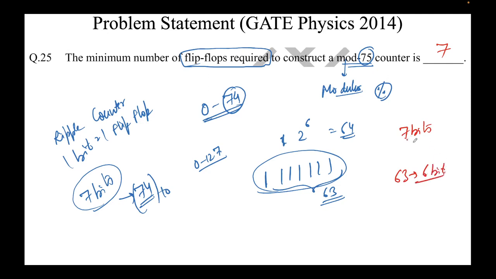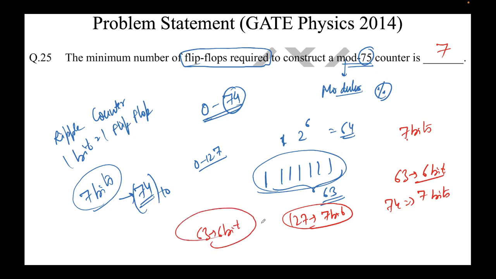For 74 we will require 7 bits, and 127 is the maximum 7-bit number, and 74 lies somewhere in between, right? So 74 will not be satisfied by 6 bits, but it can be satisfied by 7 bits. And we know in a ripple counter 1 bit is equal to 1 flip-flop. So we require 7 bits for 74. This means we require 7 flip-flops for counting 74. Okay.